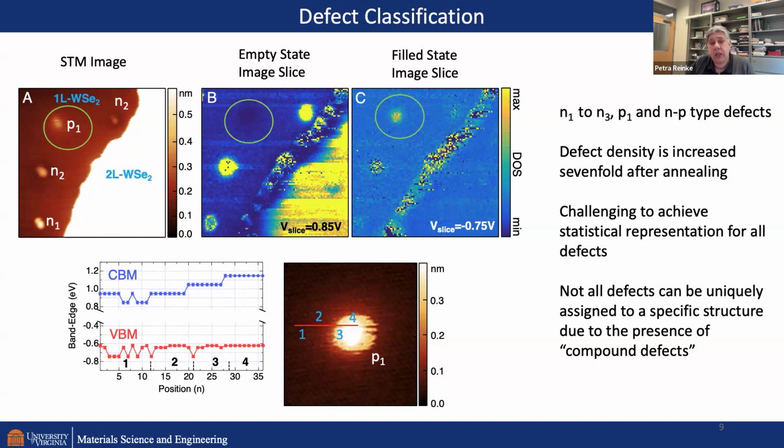For the sake of full disclosure, we have not seen these P1 type defects very often. But that gets to the question, is it just a very, very rare defect? Or is it just because we were not able to capture fully the statistics and distribution of the defects?